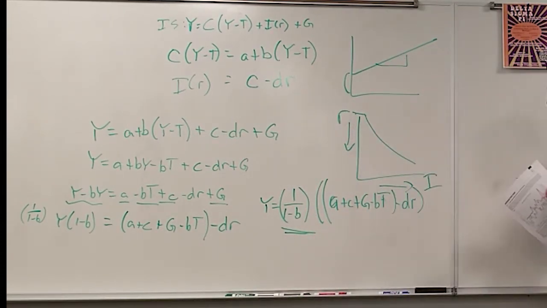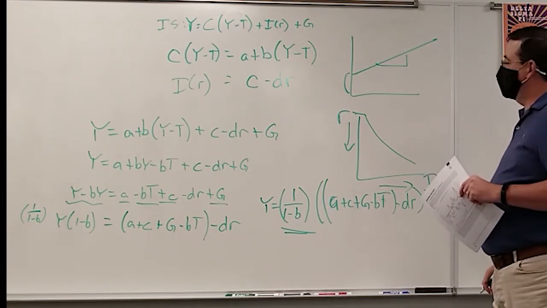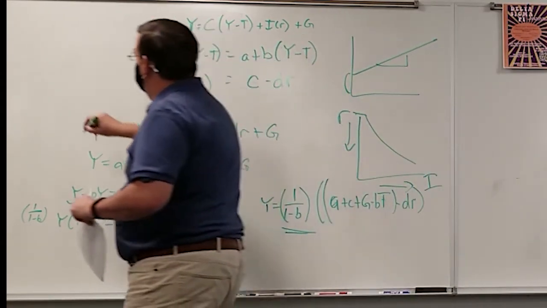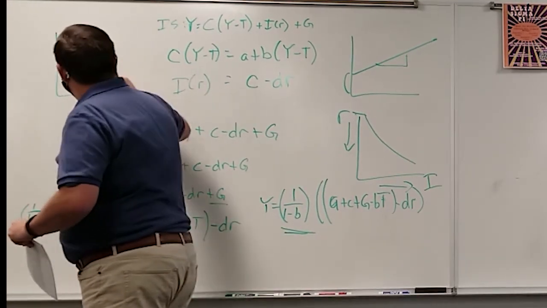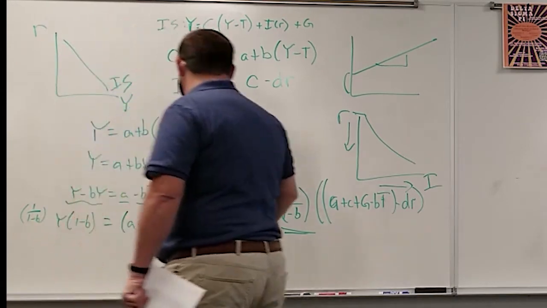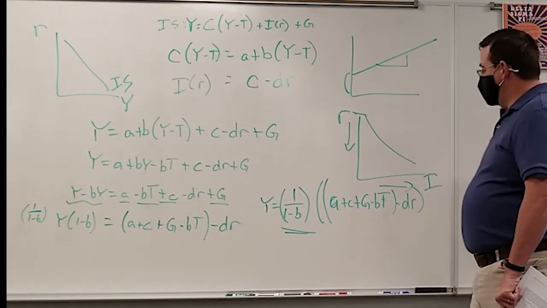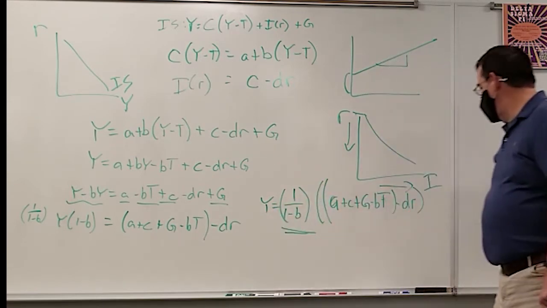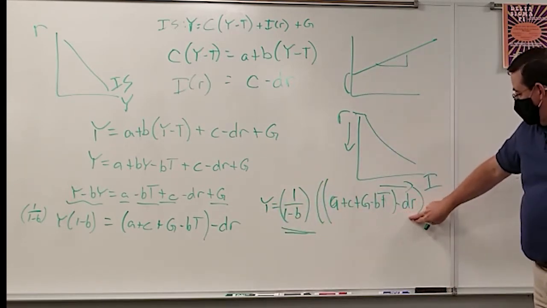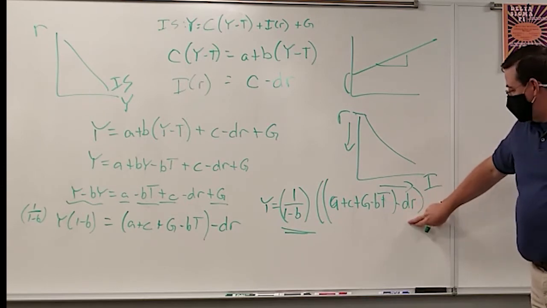This equation confirms that the IS curve does indeed slope downwards. Why does it do that? How can we tell that it does that? Because here y is positive, and here the sign on r is negative. So the IS curve has to slope downwards.